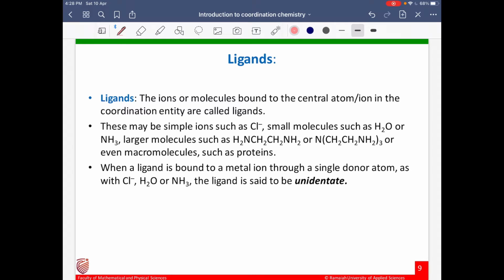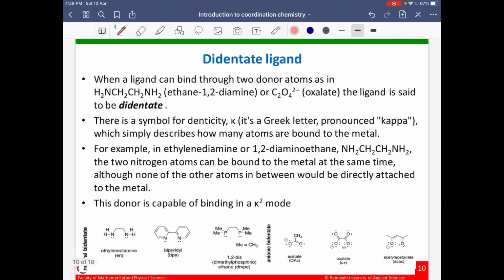These may be simple ions such as chloride, small molecules such as H2O or NH3, larger molecules such as ethylenediamine, NH2CH2CH2NH2, or even macromolecules such as proteins. When a ligand is bound to a metal ion through a single donor atom, as with chloride, water, or ammonia, the ligand is said to be unidentate.